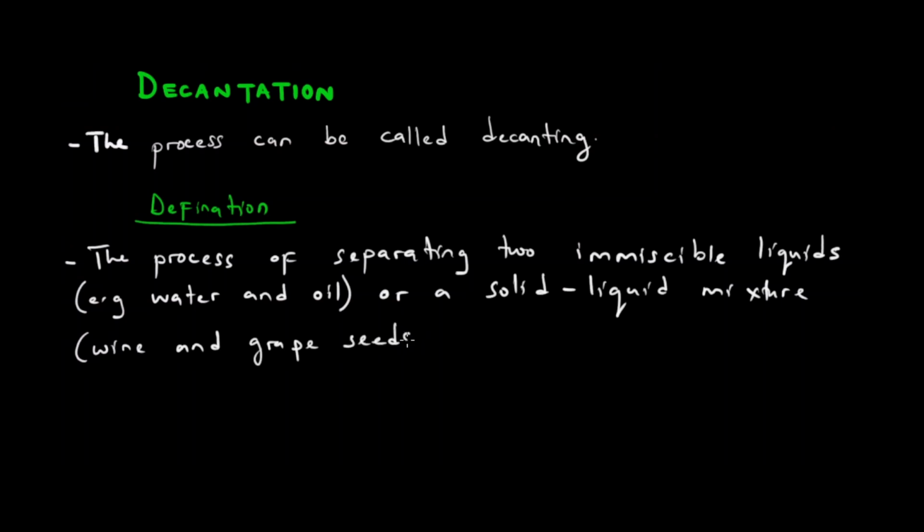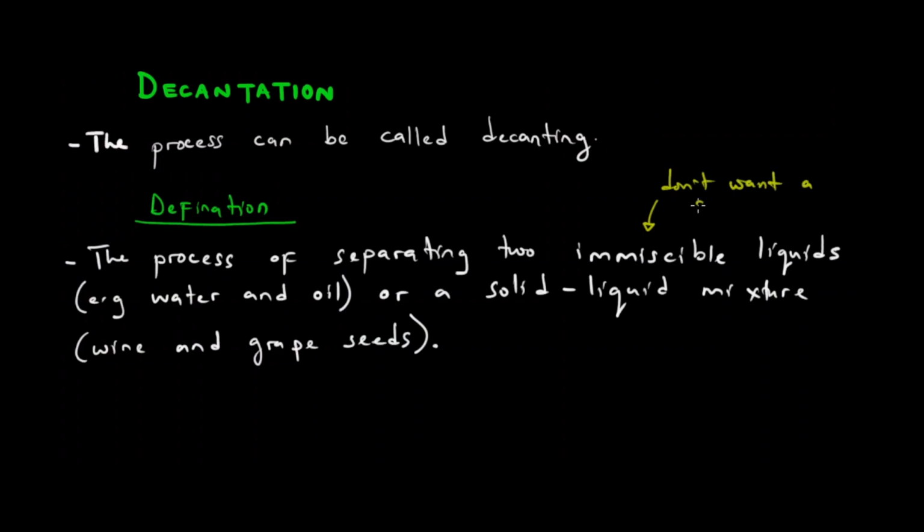In wineries, decanting is a very famous process like this. So by definition, decanting is the process of separating two immiscible liquids. And the reason why they have to be immiscible is that we do not want a solution.